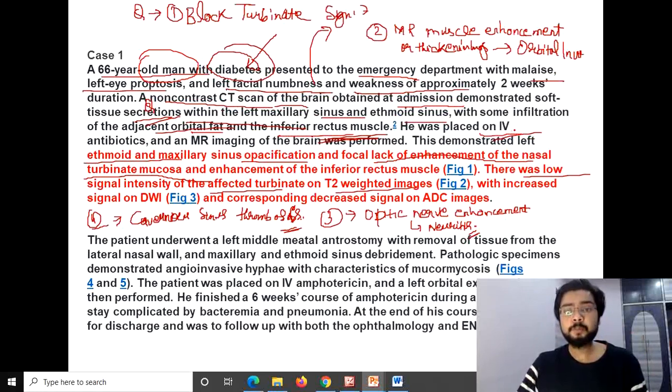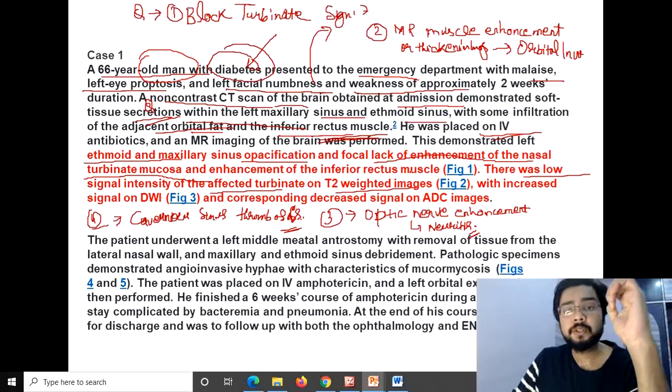The patient was placed on IV antibiotics. MRI of the brain was performed, which demonstrated maxillary sinus opacification, focal lack of enhancement of the nasal turbinate mucosa, and enhancement of the inferior rectus muscle. So the thing to note is the lack of enhancement of the nasal turbinate mucosa.